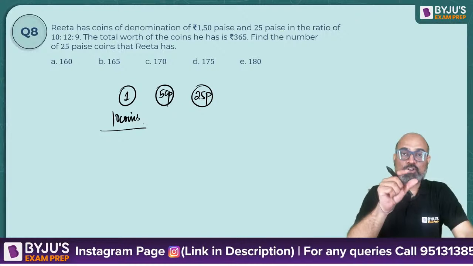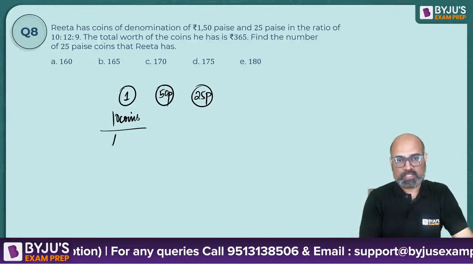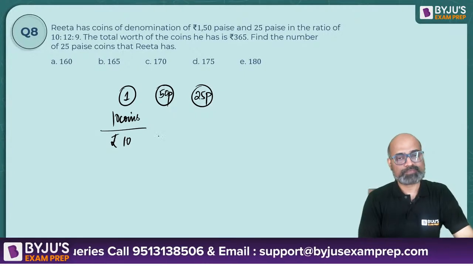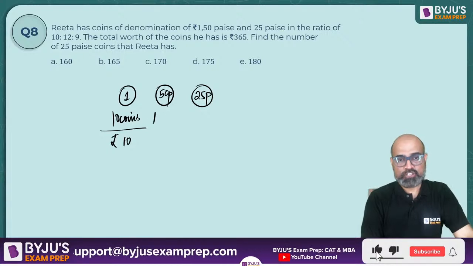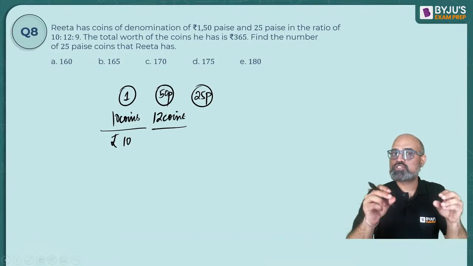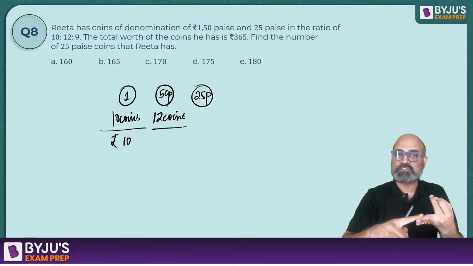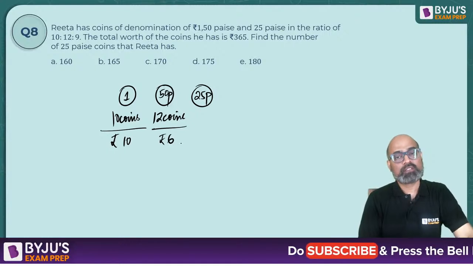If you have 1 rupee coins, 10 of them, how much money will it make? 10 rupees. Okay, how many coins does she have of 50 paise? She has 12 coins, right? Now, if you have 12 coins of 50 paise each, 50 paise is 1 rupee. So in pairs, it will result in 6 rupees.